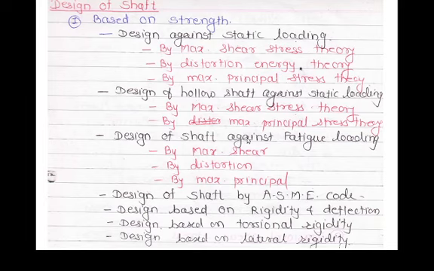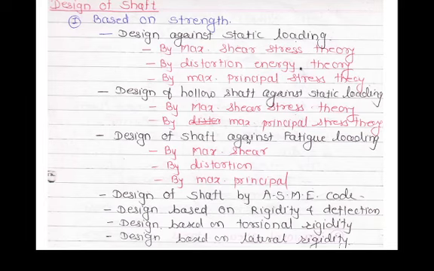A rod does not transmit any kind of power. A small short rotating member is called a spindle, and an axle is the supporting member only. It will be used to mount wheels and pulleys. Now we want to design a shaft, which is a rotating member. Rotating members means it will have a torque.